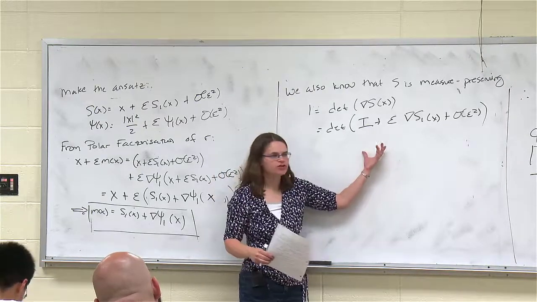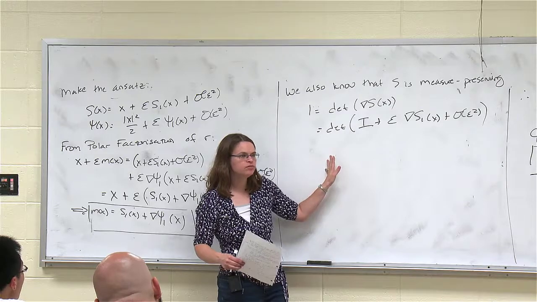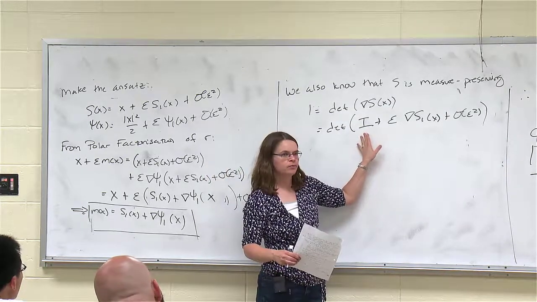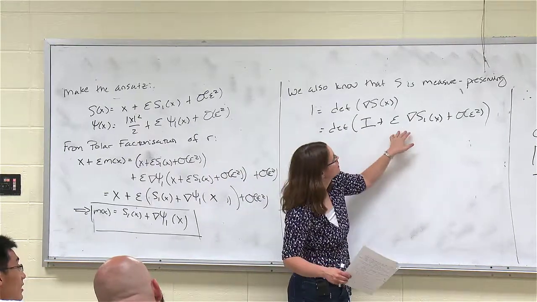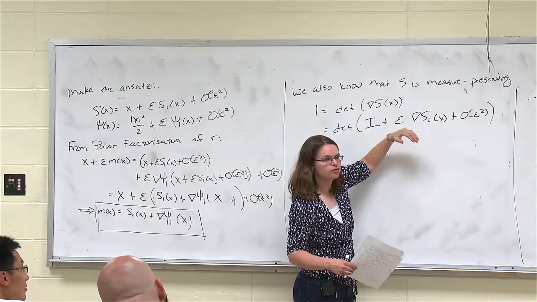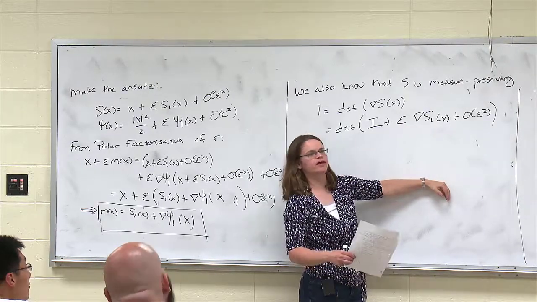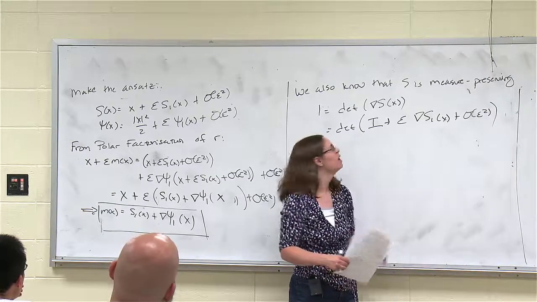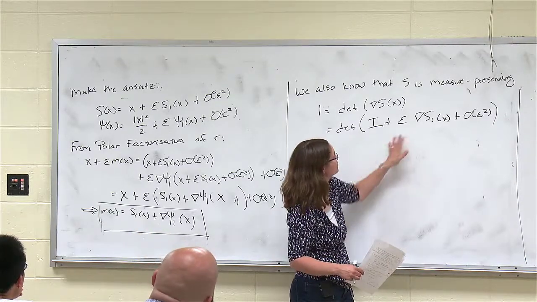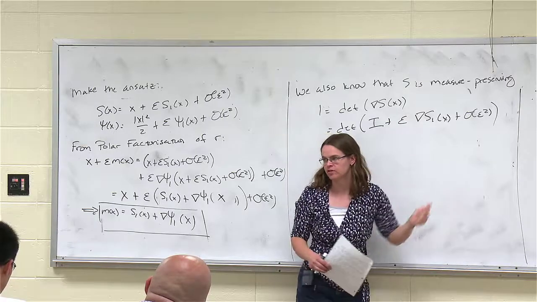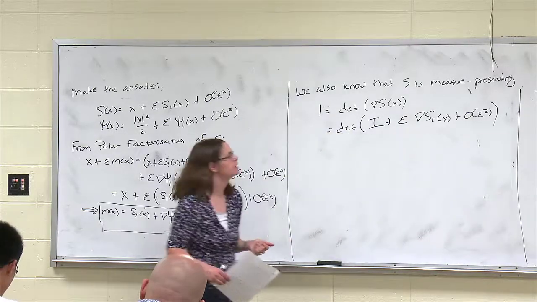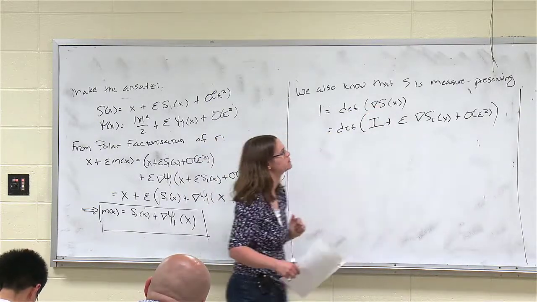Okay, so I have this matrix. On the diagonals, I have things that are order 1: 1 plus epsilon times the derivative of the first component with respect to x1, and then the next is the derivative of the second component with respect to x2, and so on. On the off diagonals, I have things that are going to be of order epsilon. Right? Off diagonals, this is 0.